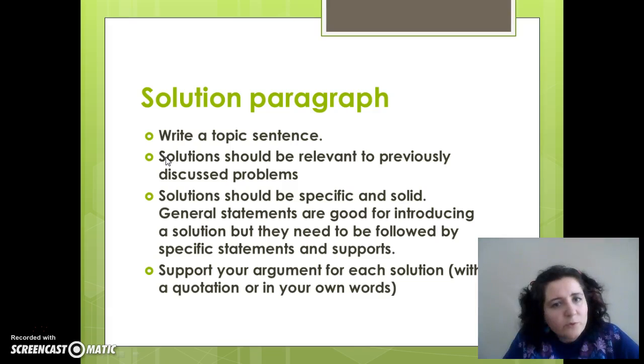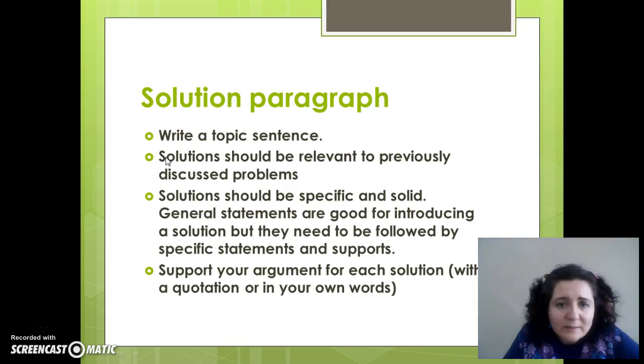You can come up with your solutions, or you can find some solutions in the text, and if you are finding the solutions in the text, you will probably find the support in the text. The support may be provided by the text. So, I think that's all about how to write a solution paragraph.